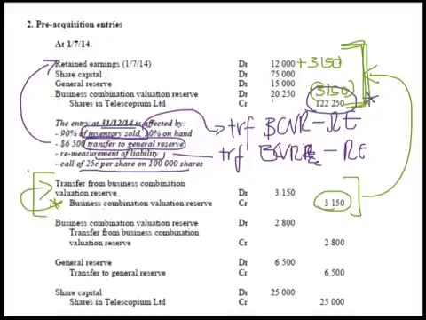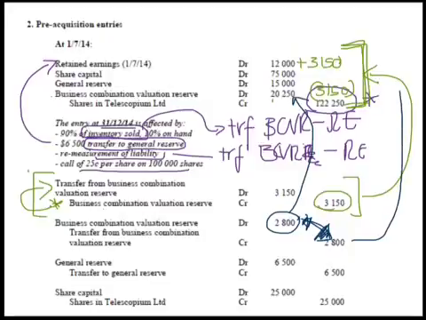So we transfer it from the BCVR to retained earnings, but because it's a liability, it's just the other way around. So it's actually going to increase our BCVR, so therefore it's also a debit to BCVR, and it's going to decrease our retained earnings. So therefore it's a credit to the retained earnings line item in this entry.